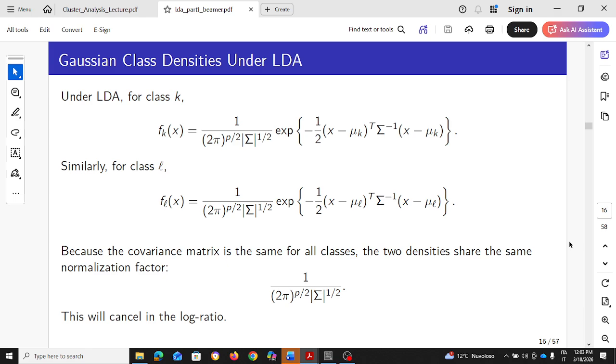Now, under linear discriminant analysis, for class K we will have something like this. For class L, we will have something like this. We assumed before that the variance is the same, so when the variance is the same, these two terms factor out.